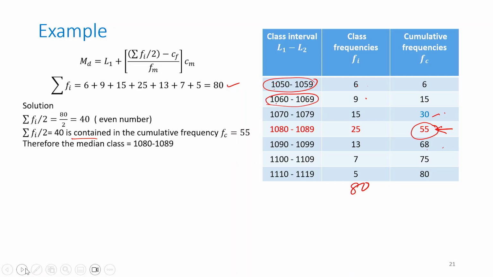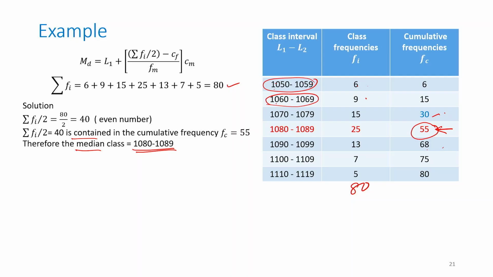Now, what is the class interval in this case? Corresponding to this, the class interval is 1080 to 1089. So that becomes my median class interval.